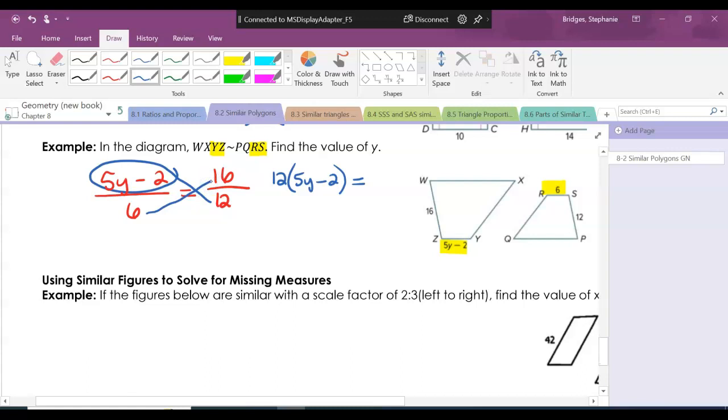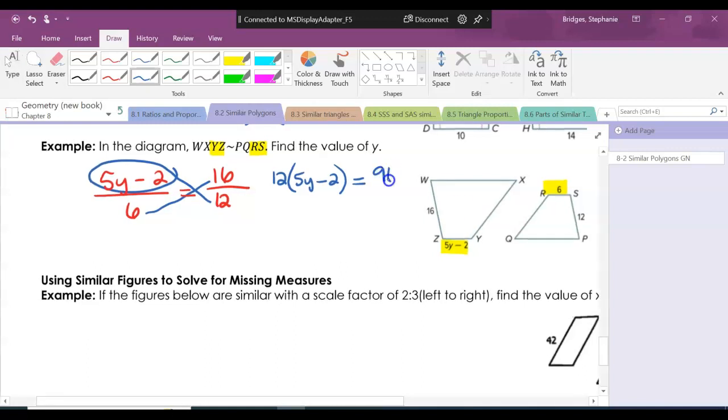Multiply the other diagonal. 96. What I want you to do is solve that for y. Distribute your 12. Everybody should be distributing their 12.